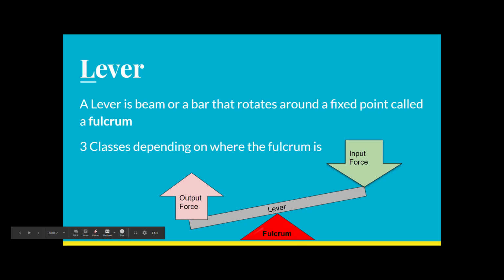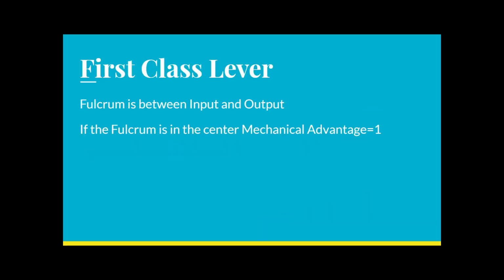The fulcrum is represented by this triangle here, and it has an input force where somebody is pushing on this, and an output force where the lever is pushing on something else. Now go ahead and pause if you need time to write this down. You don't need to draw this diagram on this slide, but you will on the next ones. If you are ready, go ahead and move on to the next slide.